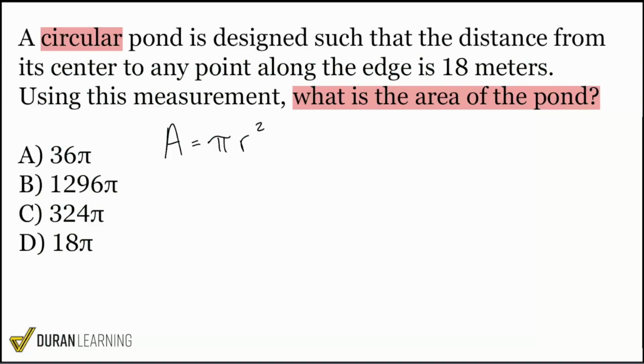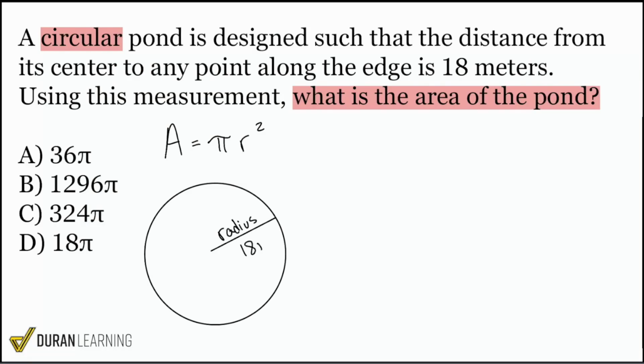Now, up next, we want to understand the information. The circular pond is designed such that the distance from the center to any point along the edge is 18 meters. So if we're drawing the circular pond, just like that, what we know is that this is the radius. The center to any point along the edge, that's 18 meters.